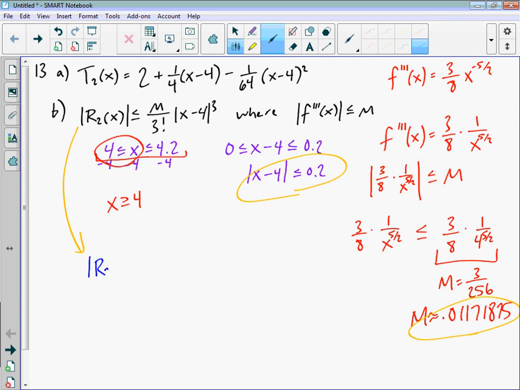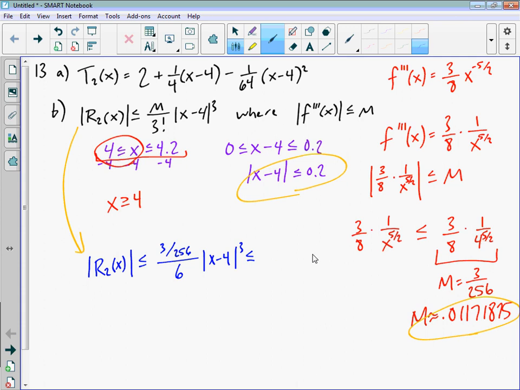So our absolute value of R sub 2 of x is less than or equal to, and our M is this decimal or that fraction. I'll just leave it as the fraction, since I've got it there, over 3 factorial, which is 6. And then I can replace the absolute value of x minus 4 with 0.2, because it's smaller than or equal to 0.2.